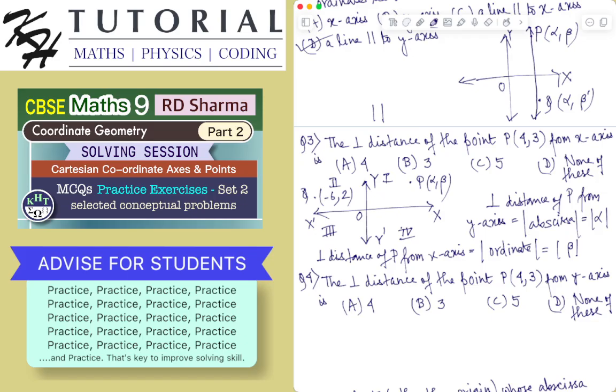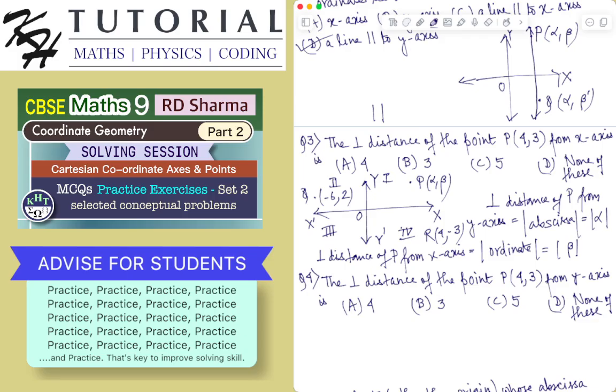Okay. Similarly, if there is a point R in the fourth quadrant, let's say it is 4 comma minus 3, then what will be the perpendicular distance of this point R from the x-axis? It will be modulus of minus 3, not minus 3. Modulus of minus 3 means it is 3.